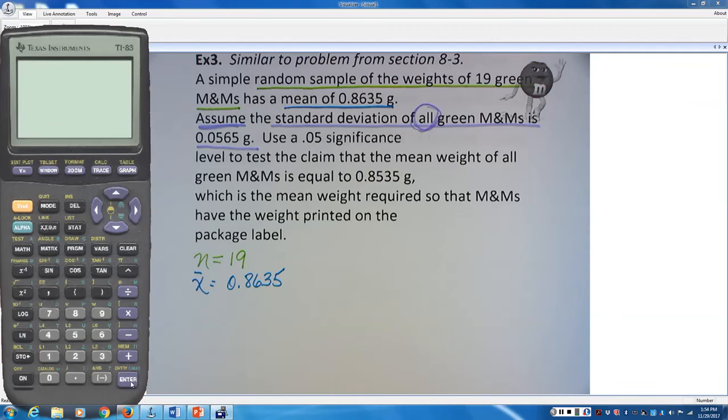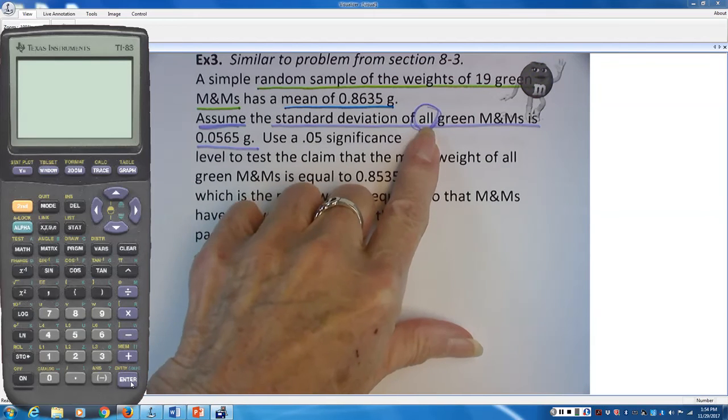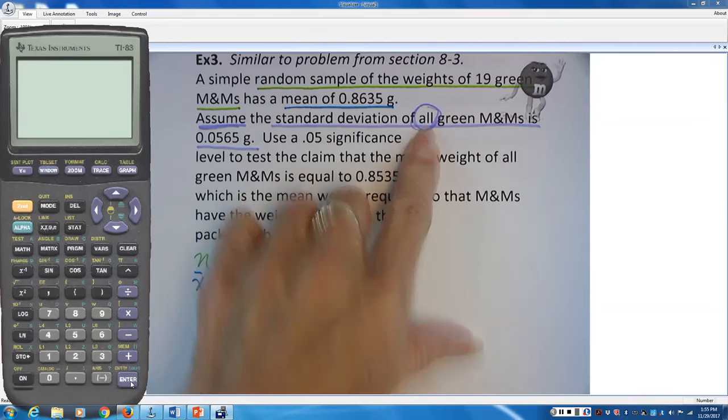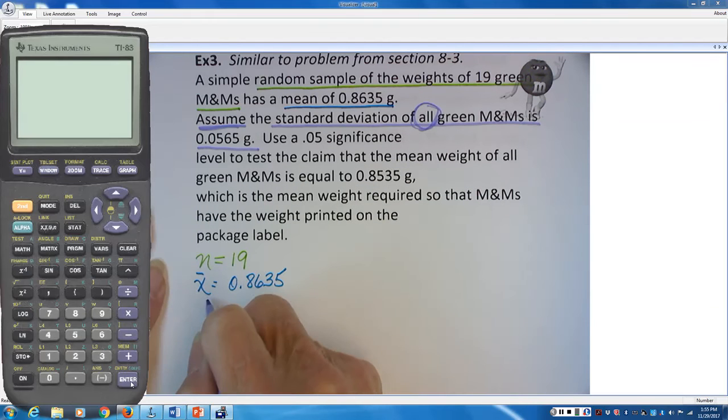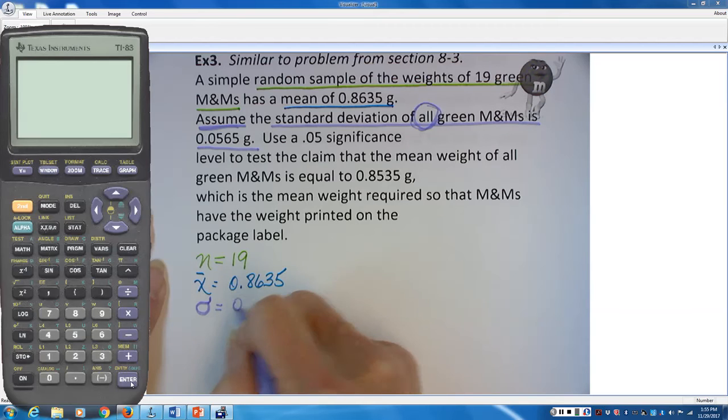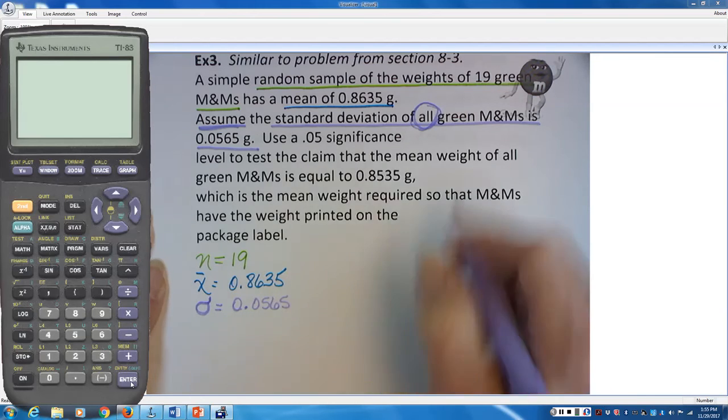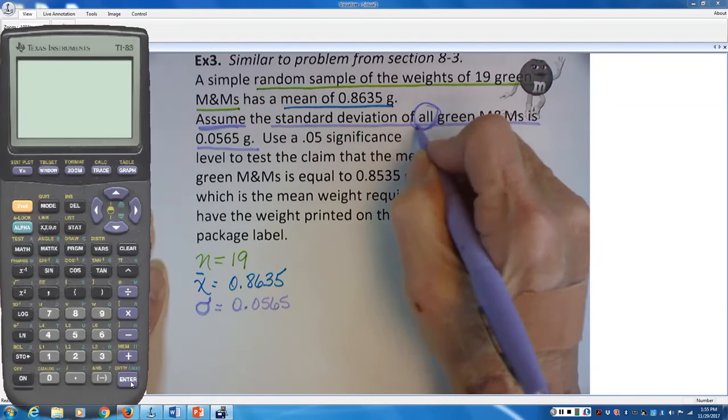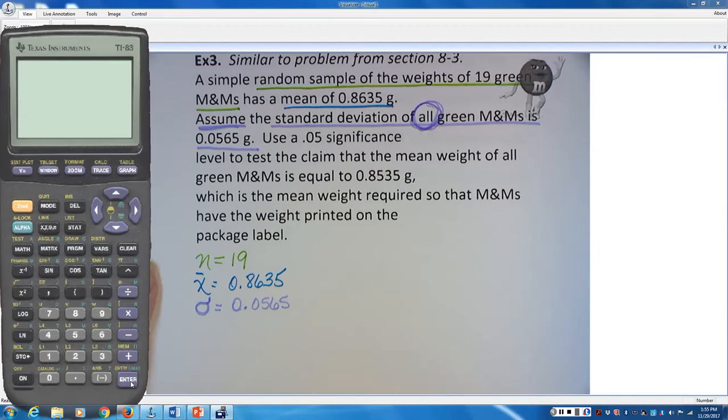Which one is it? It's the population because it says of all. So that should be a Z-test, not a T-test. That's right. That's a Z-test. Why? Because it says the standard deviation of all green M&Ms. Every one of them, not just your sample, but every one of them.